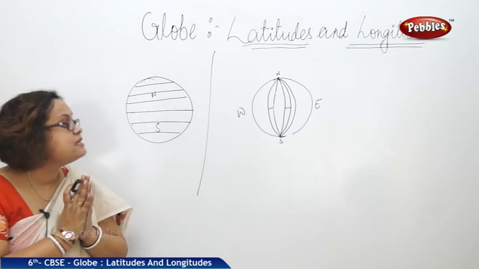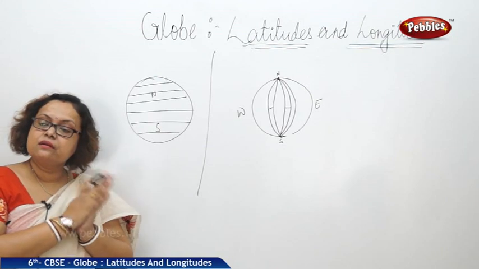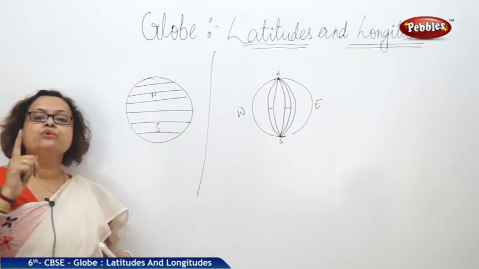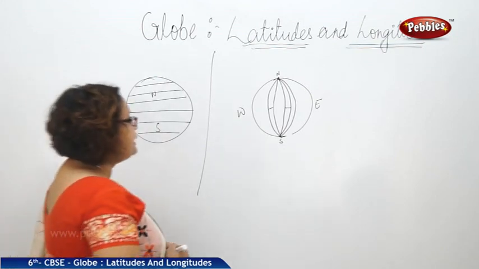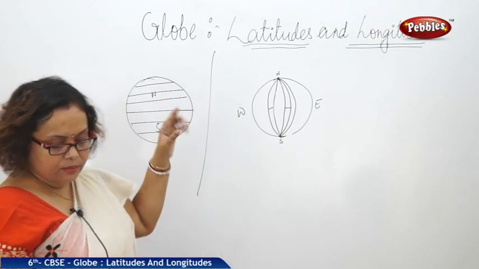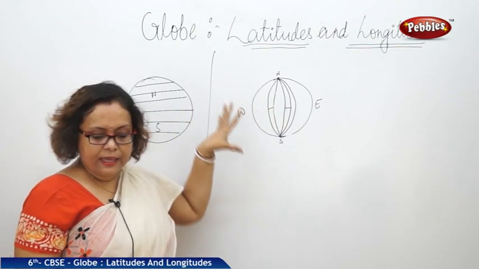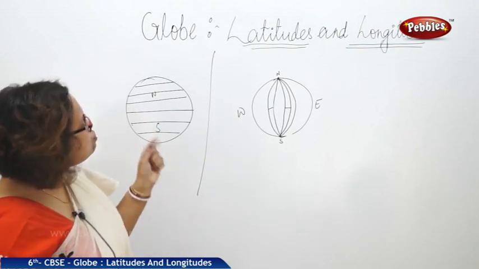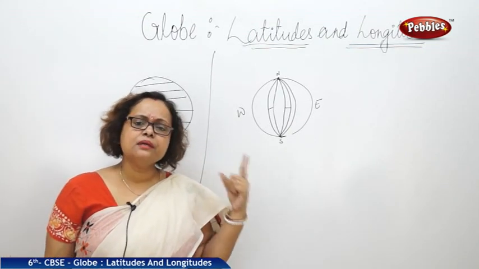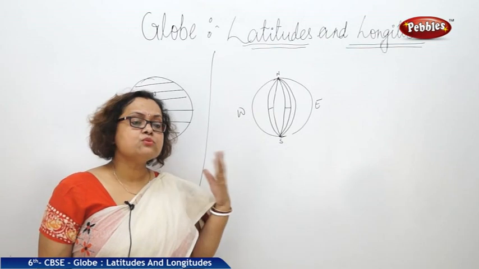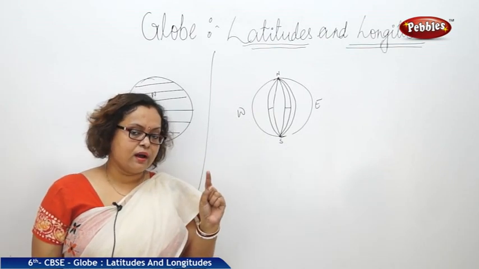Now, how do we measure this distance? Again, for longitudes, we measure them in degrees. Now, so many imaginary lines we imagine. What will be the major, main one?